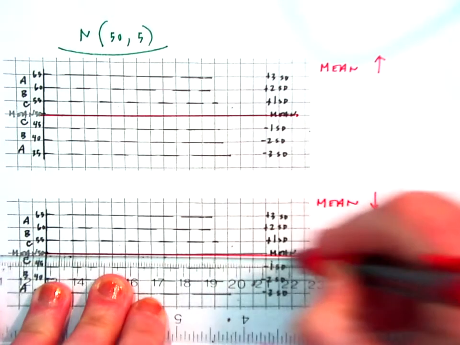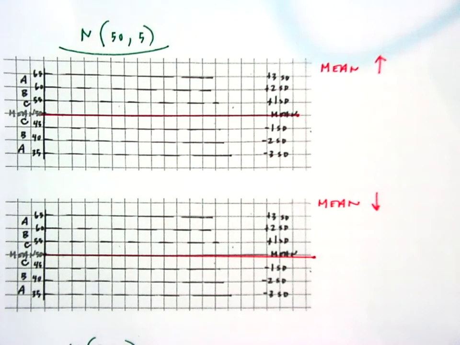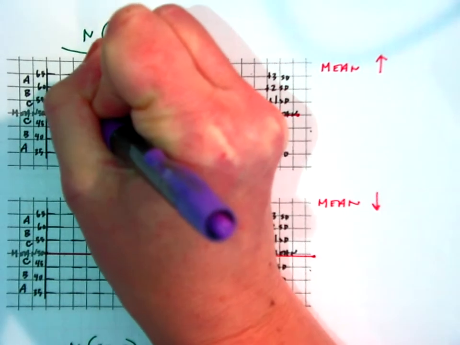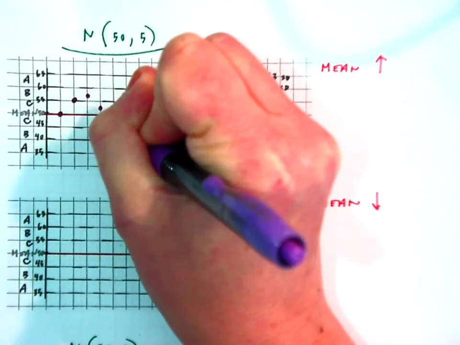If I'm looking at a mean that is increasing, that means that the bulk of my data is above the center line, or at least it doesn't have to be the bulk of it, but it has to be more than what is on the other side. Let's say I have a piece that starts right at the center line, and then I have a few above, maybe a few below.